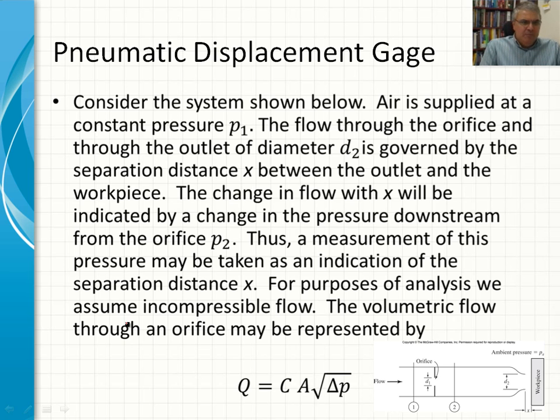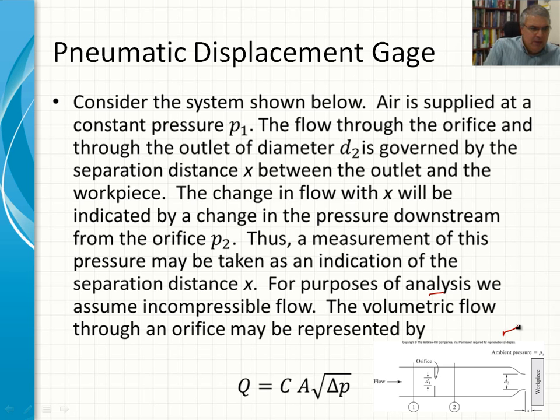If we consider the system, the schematic of it is also provided further down on this figure. Air is again supplied at a constant pressure P1. The flow through the orifice would go through the outlet of diameter D2.